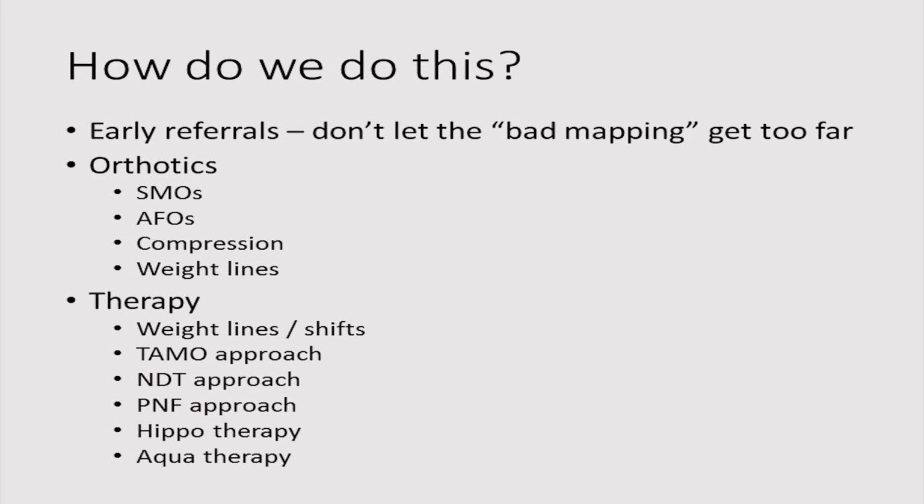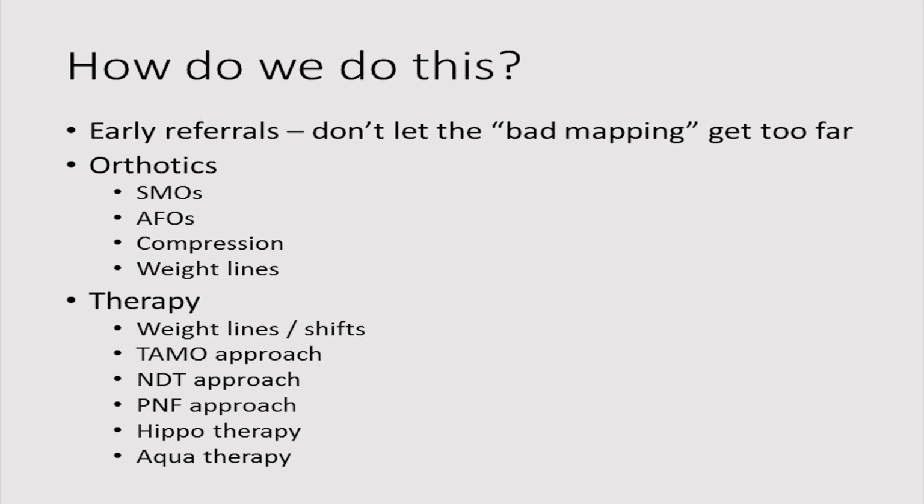So how do we accomplish this? First is early referrals. We don't want this kind of bad mapping to get too far, to where it's going to take a lot to correct it. That's why early intervention is very, very important. Through orthotics, so SMOs, AFOs, using compression to help facilitate this gait development, and then through just kind of playing with weight lines.